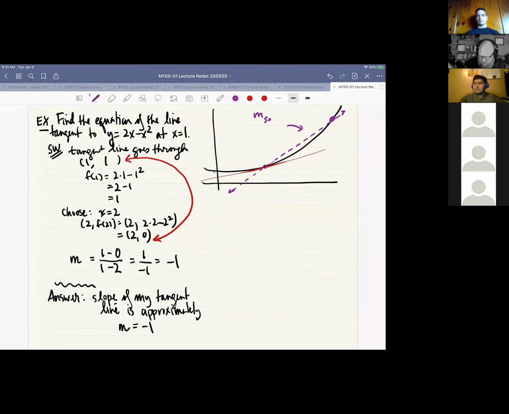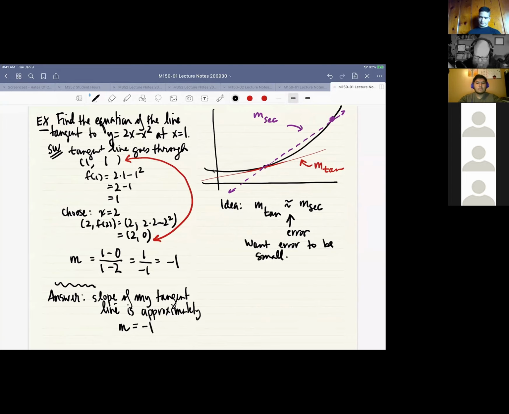So let me call this slope m sub sec for the slope of the secant. And let's call the slope here m tangent. The idea is that the slope of the tangent is going to be approximately equal to the slope of the secant. But in an approximation, there's always error. And in life, we want error to be small.